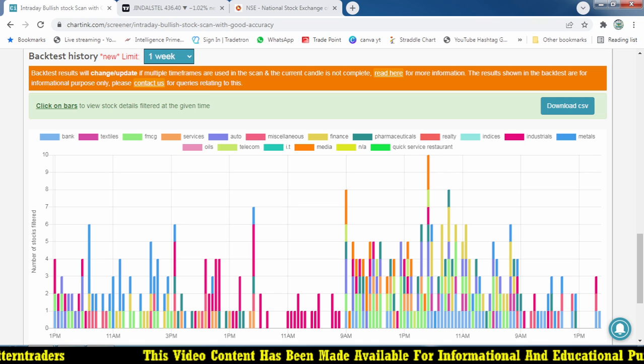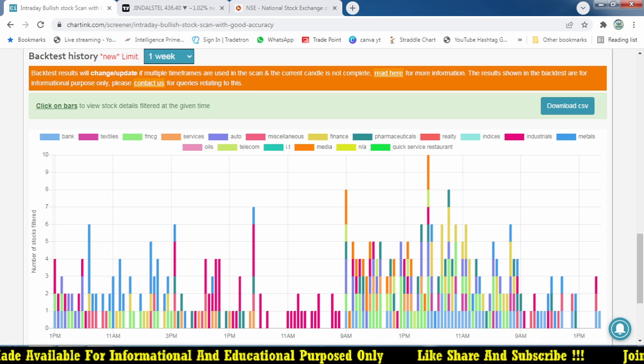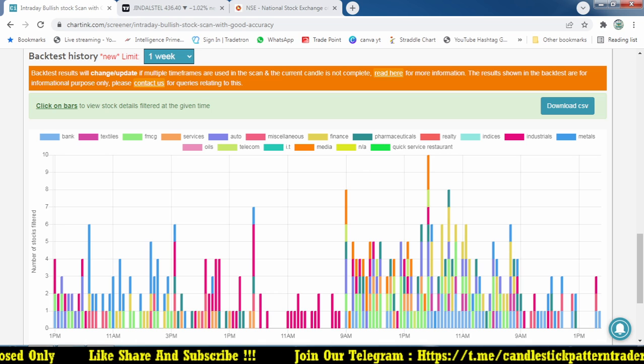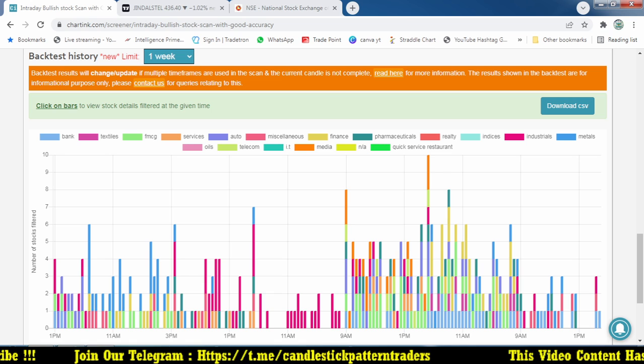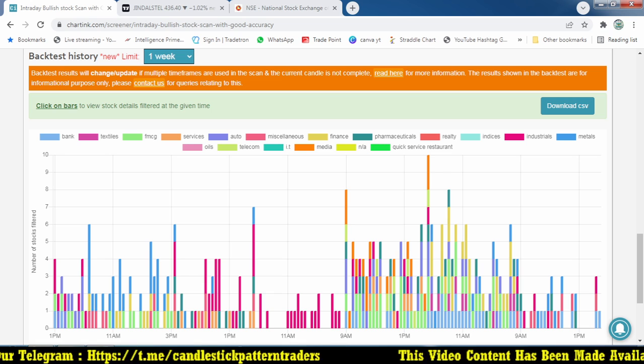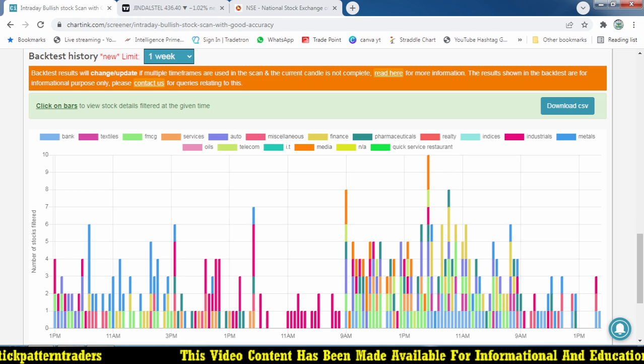I'm going to use webhooks. I will call it intraday bullish stocks. So, another scan. For intraday bullish stocks, I can create a trigger, and then add my Telegram channel, so that I send a message on my Telegram channel.